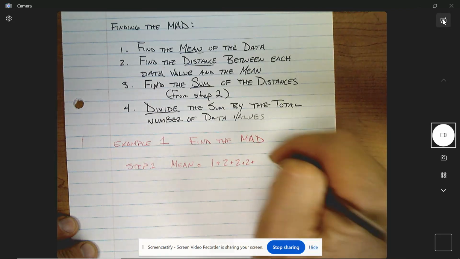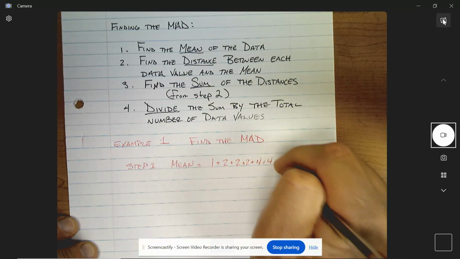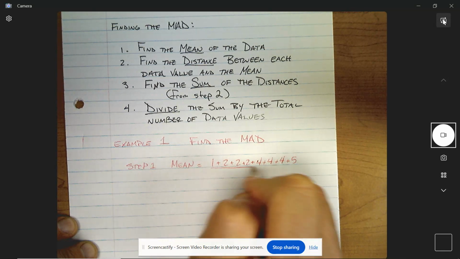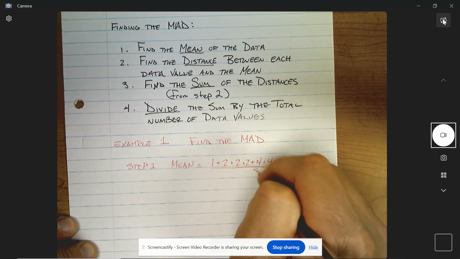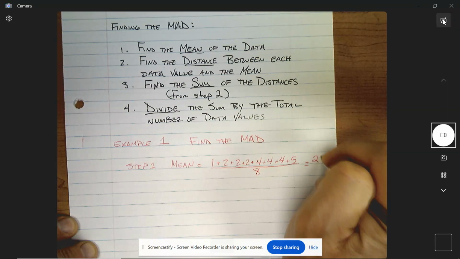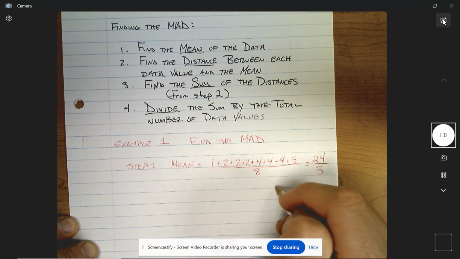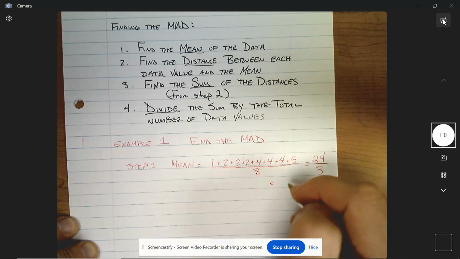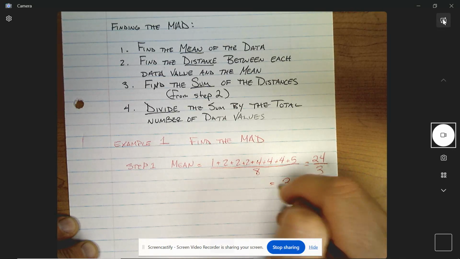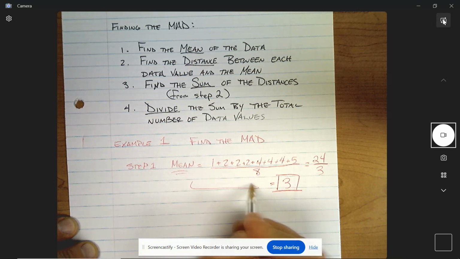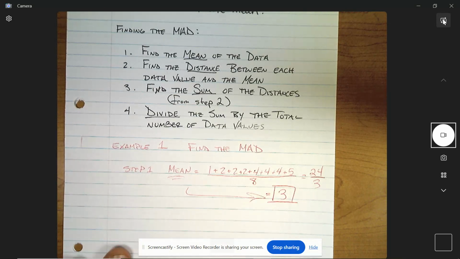And then we're adding the 4's. And then we're adding 5. And how many numbers are we looking at? We're looking at 8 numbers. So what we do is we take the 24, we add those up, get 24 divided by 8, and that equals 3. 3 is our average. That's the mean. The mean is 3. All right, there's our step 1.